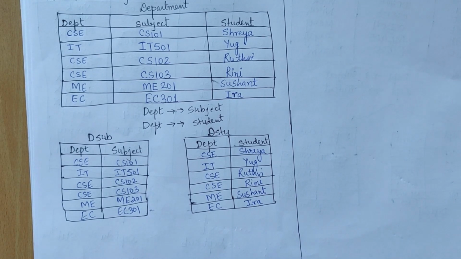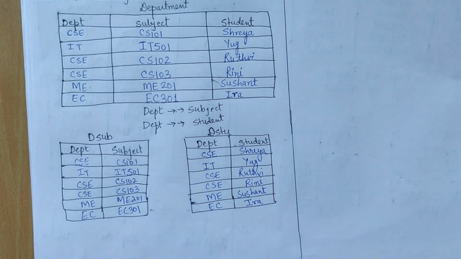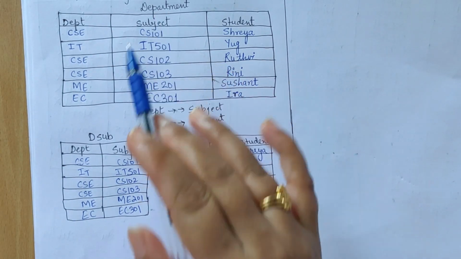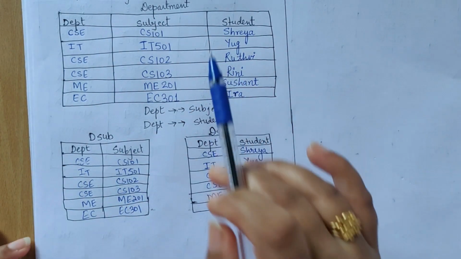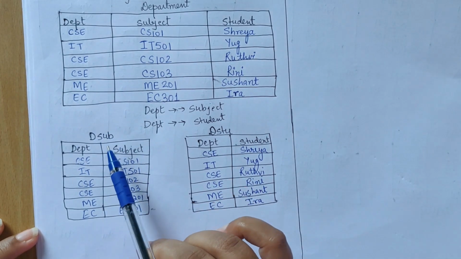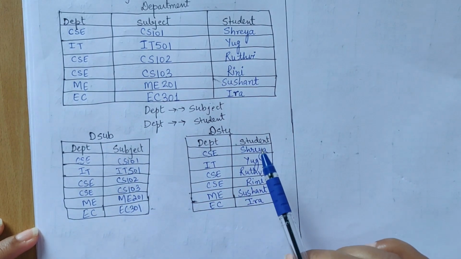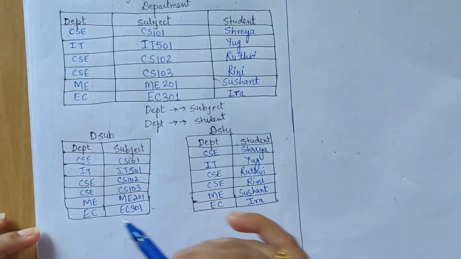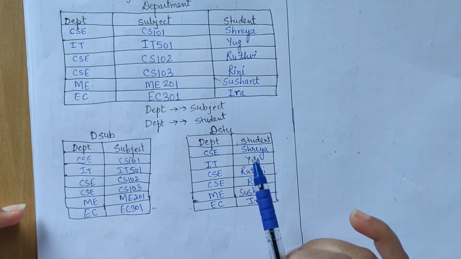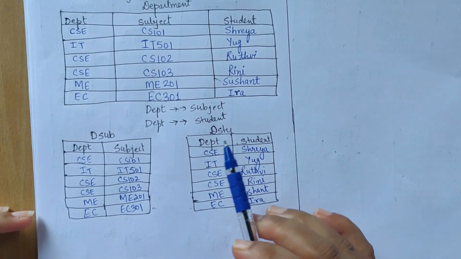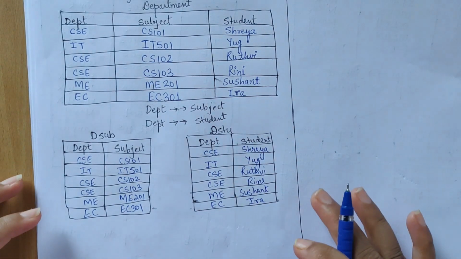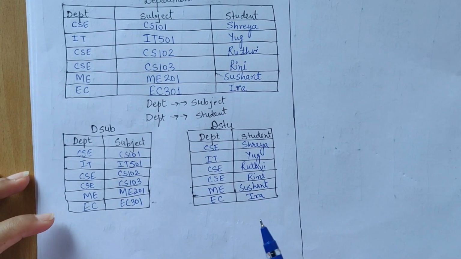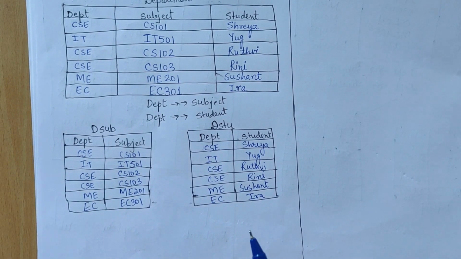According to the lossless property of join, I have a parent table, here the parent table is department. We decompose this parent table into D subject and D student, which are the child tables. Now this is a good database design if I try to join these tables and I get the same parent table again, without any loss of information and without any redundant tuple.